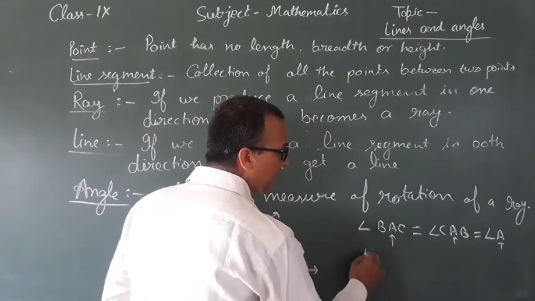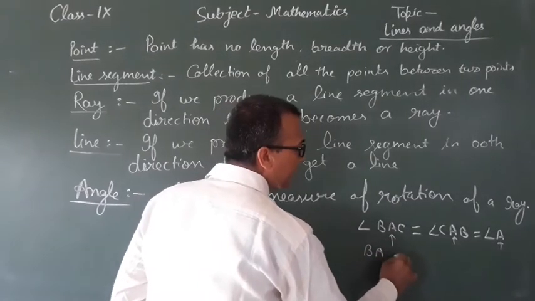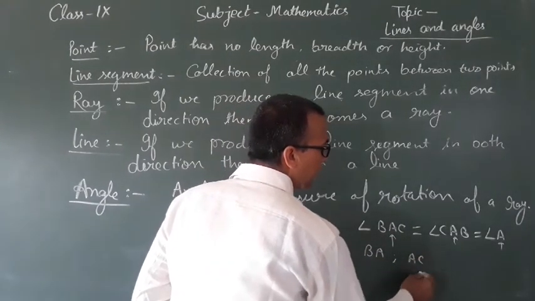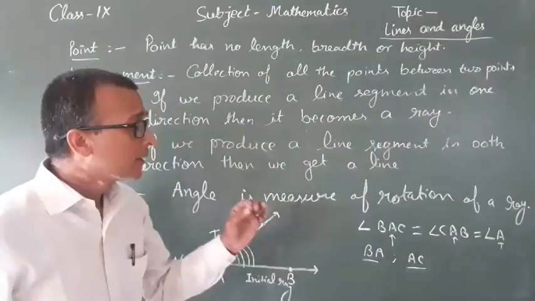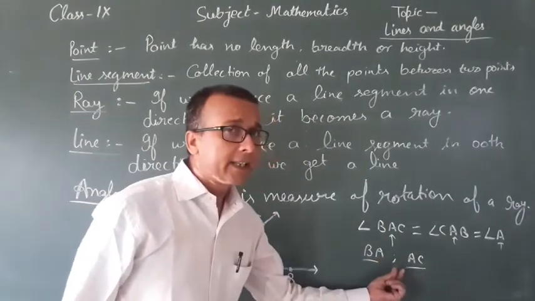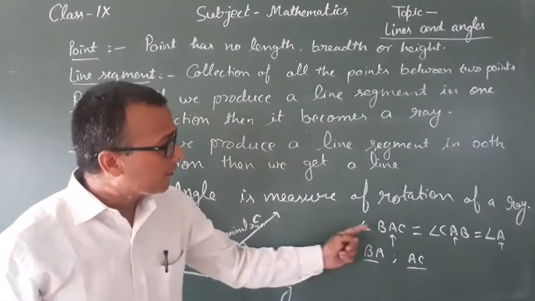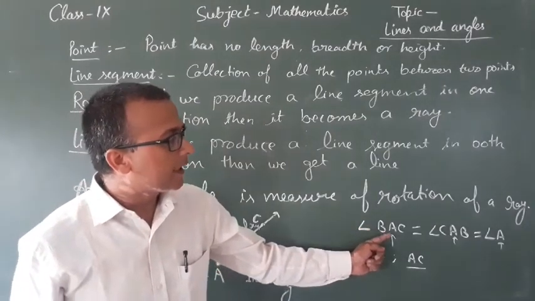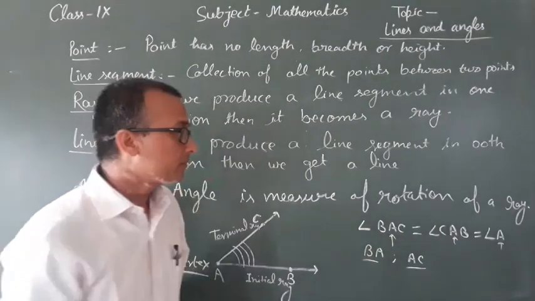For example, here BA and AC are two rays or line segments. They meet at point A, and the angle formed by them is BAC.